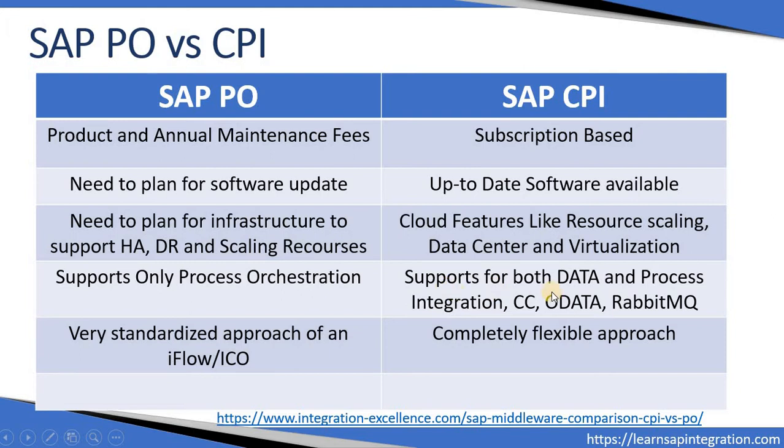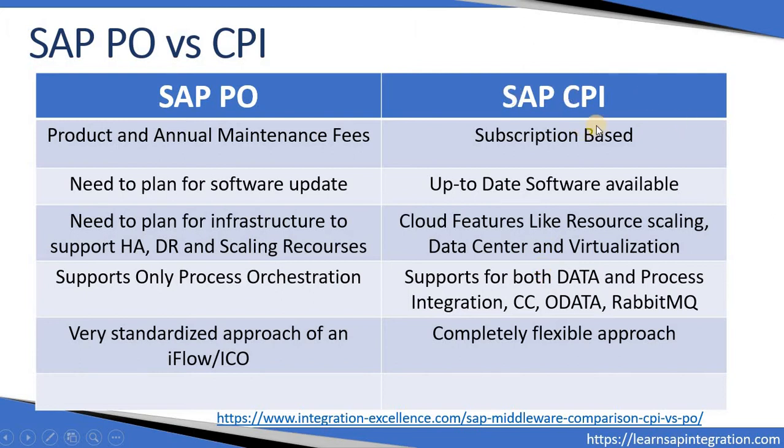And coming to CPI support, it supports both data as well as process integration. Along with that, it supports OData and Cloud Connector as well as RabbitMQ. But in the case of PO or PI, it only supports process integration or process orchestration.